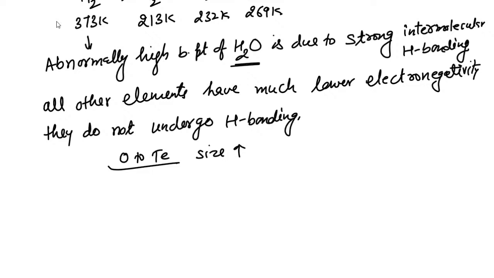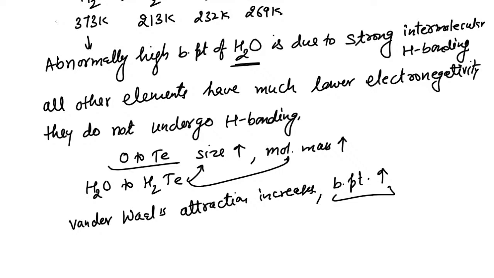From H2O to H2S, size increases, molecular mass increases, and because of that van der Waals attractions increase. And when boiling point increases, H2O is showing abnormal behavior due to strong intermolecular hydrogen bonding. Rest of them show normal behavior.